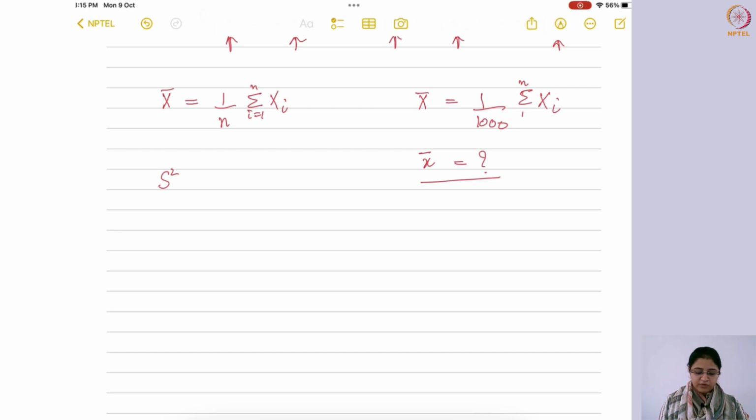The other one can be your range also. So range is what? As you know, it is the difference between the smallest and the largest observation. So when we write this round bracket over here, it refers to the order statistic.